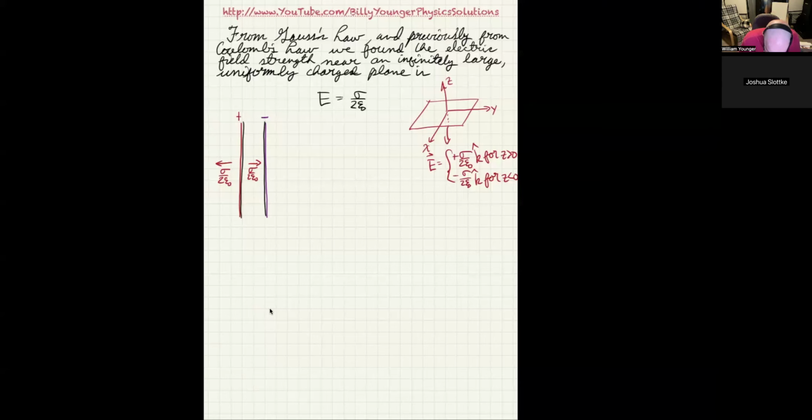To the left? On the left side? It's actually to the right because remember, it's now negative, so it's attractive to positive charges. So that's going to give you sigma over 2 epsilon naught as well. Okay. Does that make sense? Because the plate is literally just a bunch of negative charges, and the electric field direction is defined to be the direction a positive charge would be compelled to go.